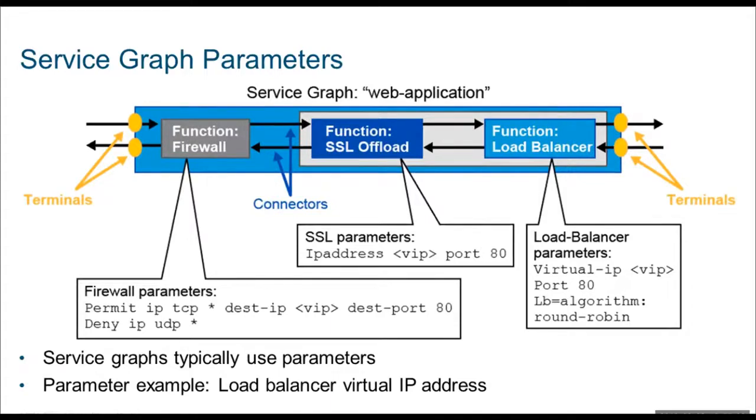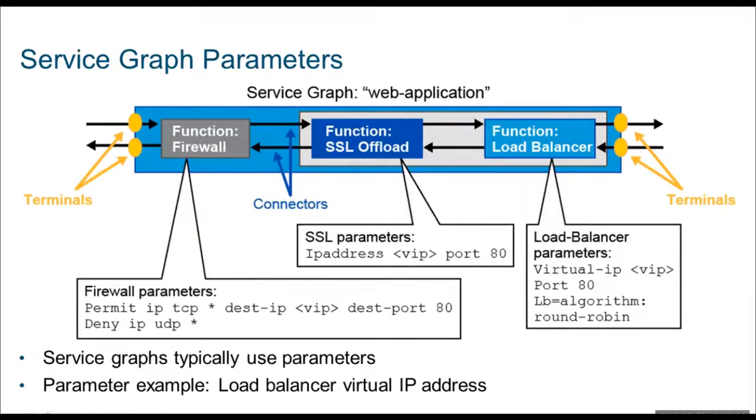Well, based on the profile that you select, it will need parameters. Parameters could be simple things like the security level of an interface. It could be firewall rules. It could be load balancing algorithm, virtual IP for the load balancer.